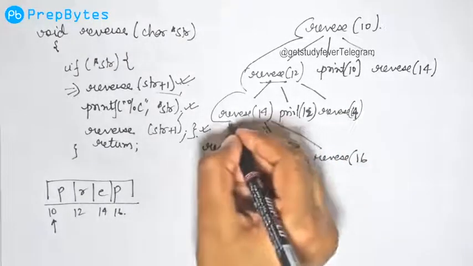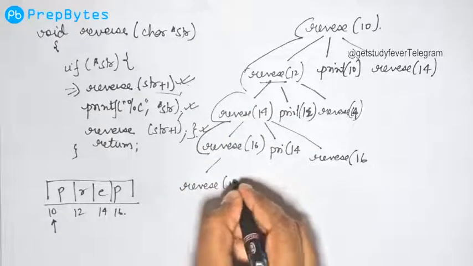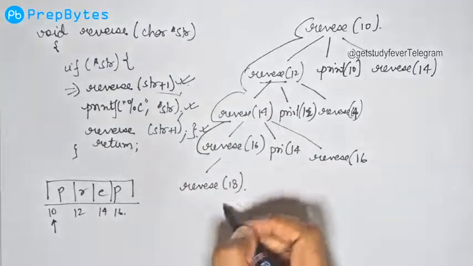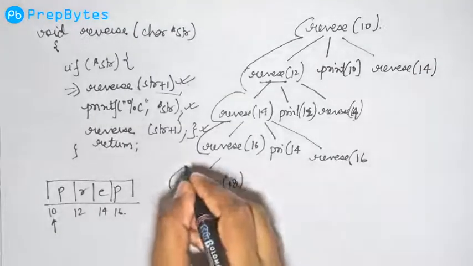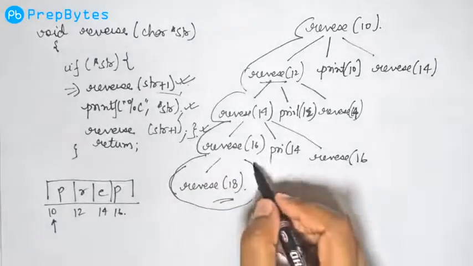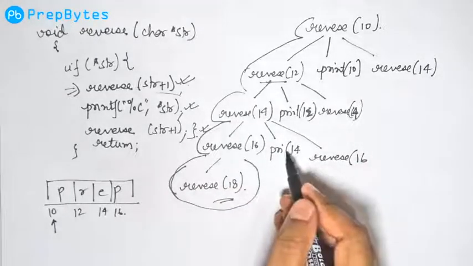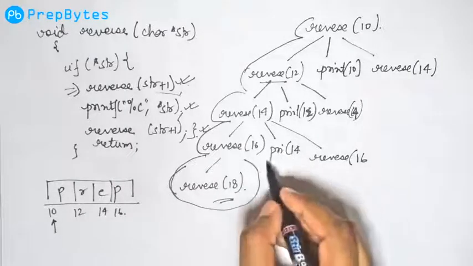Again reverse 16 will be executed further, it will call reverse 18. Now since reverse 18 has nothing to execute, it will return back here, and the instruction that is to the exact left of the reverse 16 gets executed.